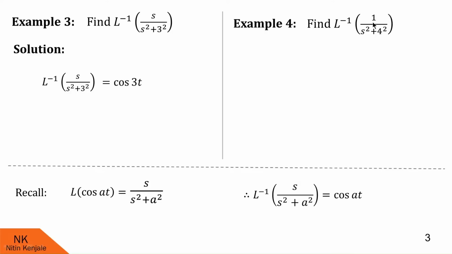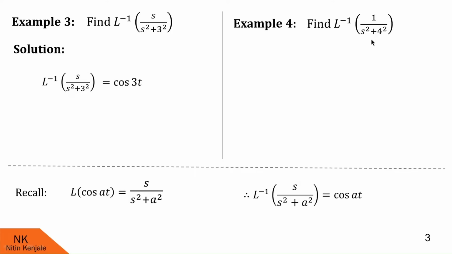But since s is not there, what will you do? Can you bring s over here by simply multiplying and dividing by s? The answer is no. Because if you do so, you cannot take out 1 by s and simply find out L inverse of s upon s square plus 4 square, the way we did in the previous second example.